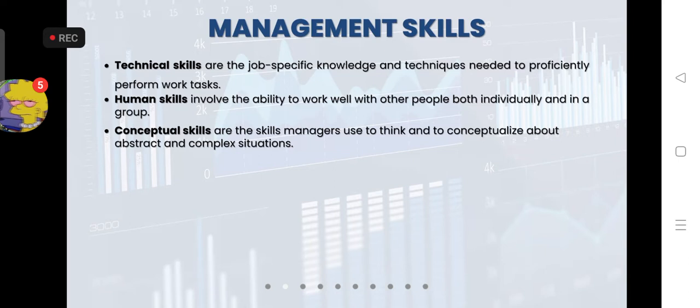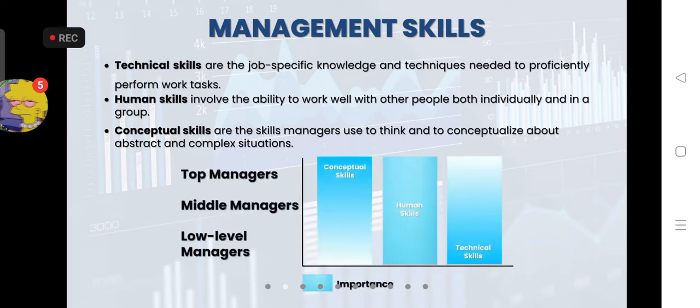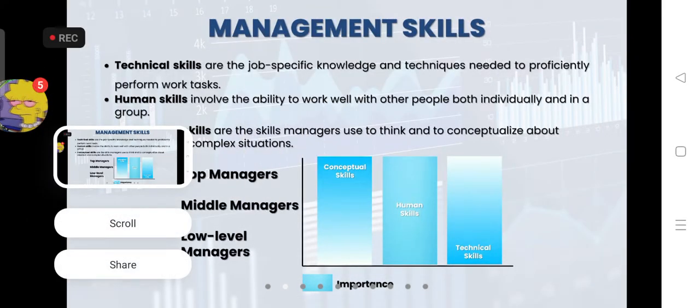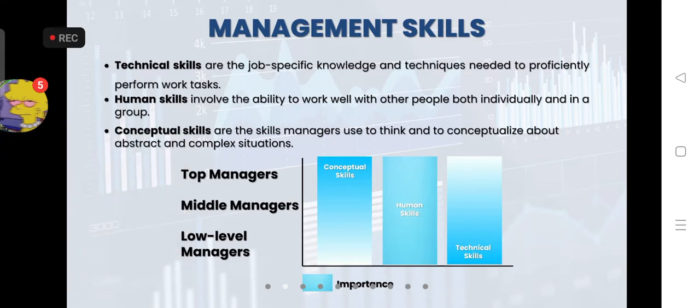So next. Among these skills, it is important that top managers have the conceptual skills as they analyze a particular situation, identify new opportunities and resources, and decide on the best strategies and courses of action.